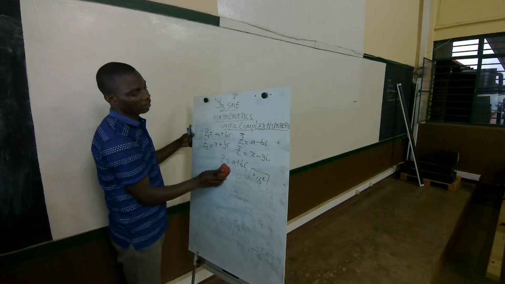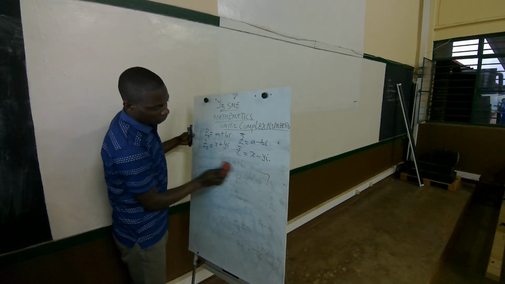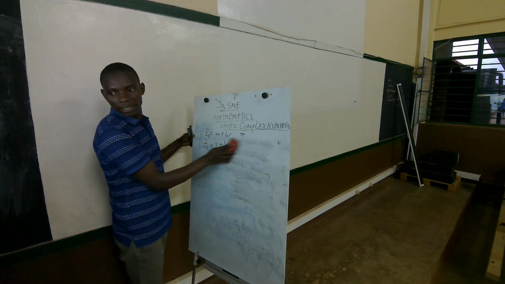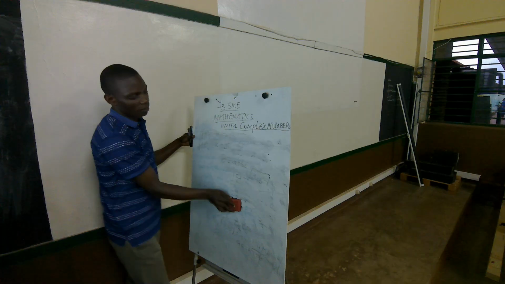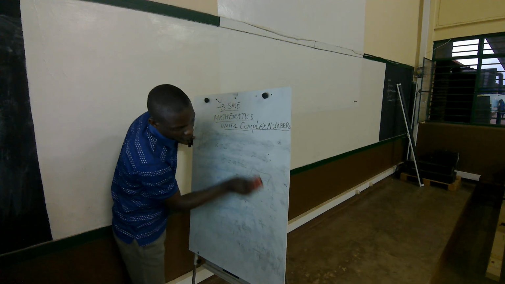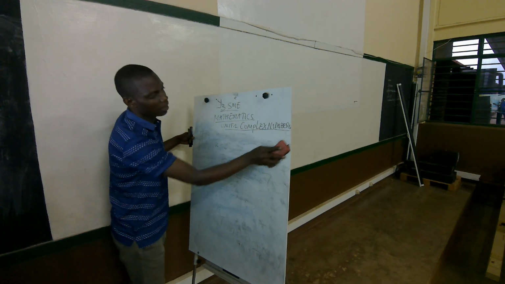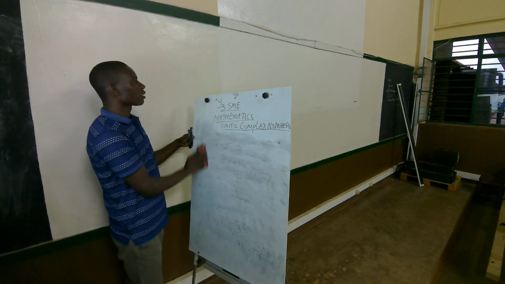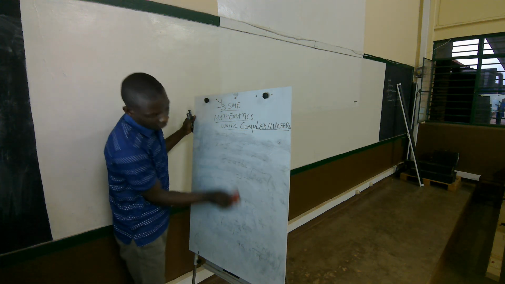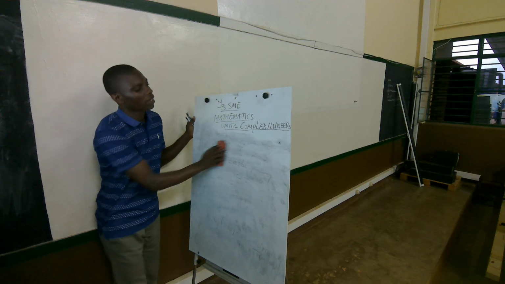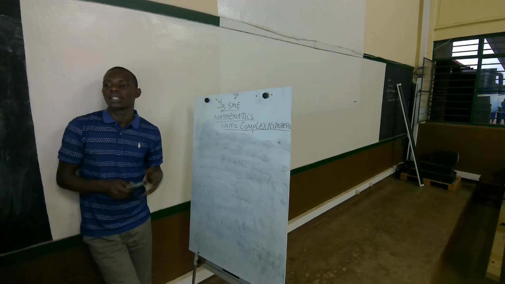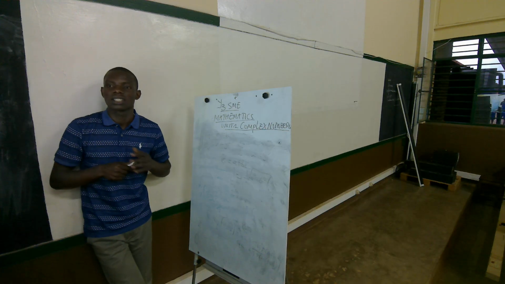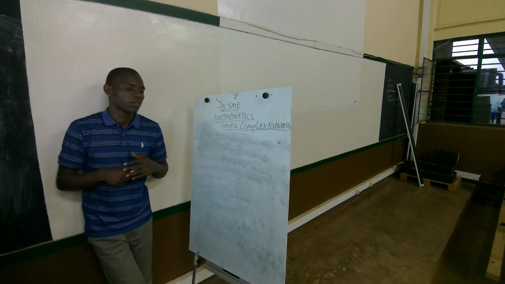Apart from that, we can see the topic of today, where we are going to talk about solving equations in a set of complex numbers. The main idea of complex numbers is to help us solve some equations which are not possible to solve in the set of all real numbers.